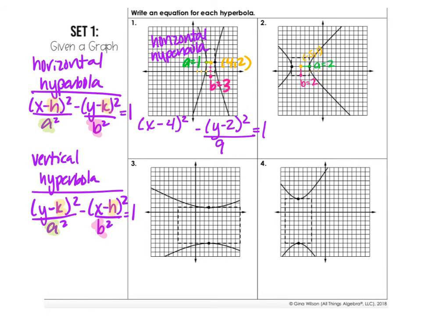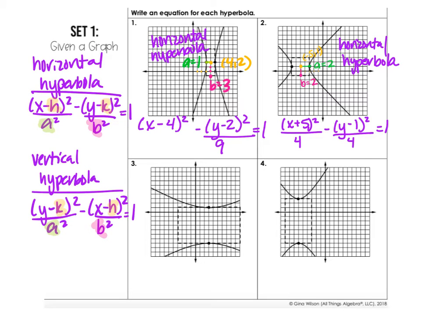I have x minus h, which is negative 5, so minus a negative is plus, over a squared, which would be 2 squared, which is 4, minus (y minus 1) squared over b squared, which is 4, equals 1. And that's the equation of this horizontal hyperbola.